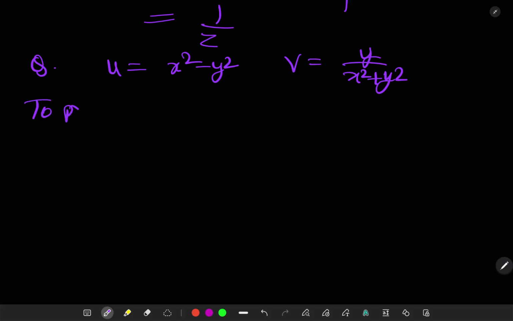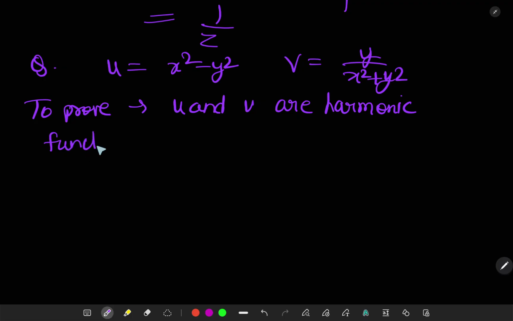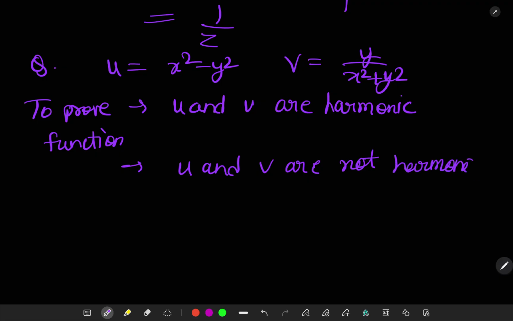To prove u and v are harmonic functions, and also prove u and v are not harmonic conjugate.